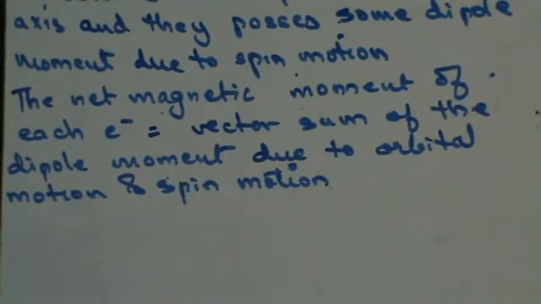So you have the magnetic moment of each electron is going to be nothing but the vector sum of all this. That's how a magnetic field is produced inside the substance.